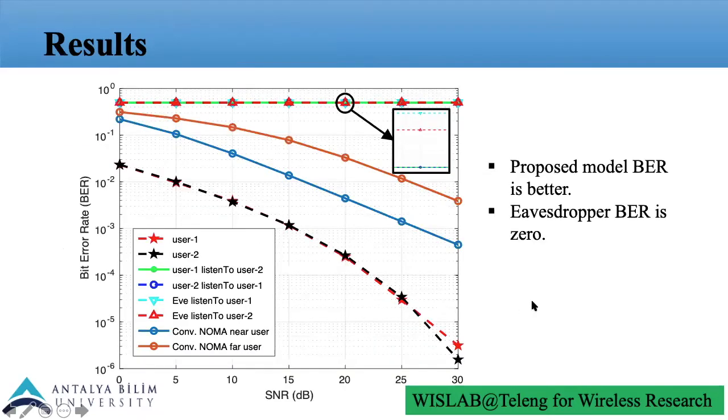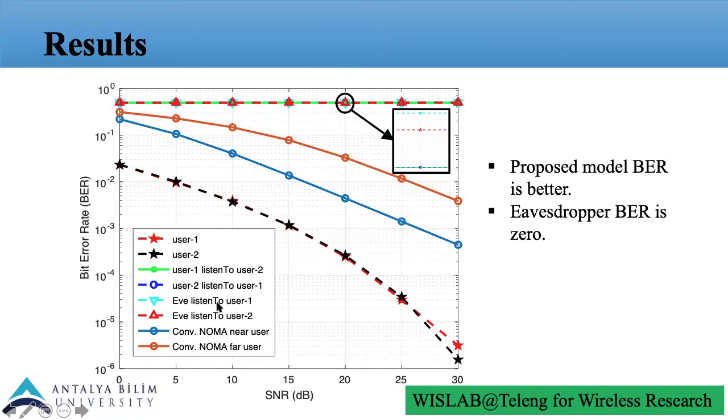And by doing that, let's discuss some results of this particular system. We see that we have the bit error rate of user 1 and user 2 here. And then we also have the bit error rate of internal and external eavesdroppers here, where you have, for example, the bit error rate of user 1 listening to user 2, which is an internal eavesdropper, and user 2 listening to user 1, which is also another internal eavesdropper.